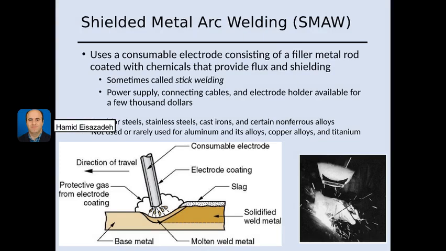The first welding process that we want to explain is shielded metal arc welding, or SMAW for short. This process uses a consumable electrode, and the electrode has a metal rod, and the metal rod is coated with some chemical material that can provide shielding and flux for the weld pool.